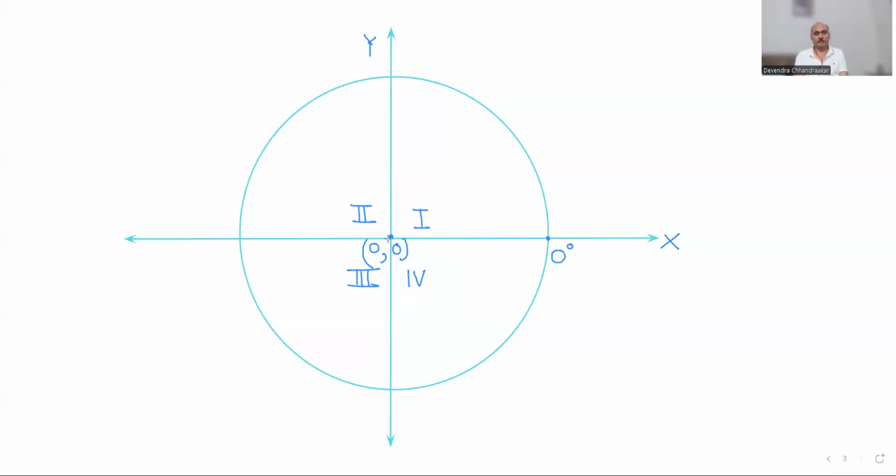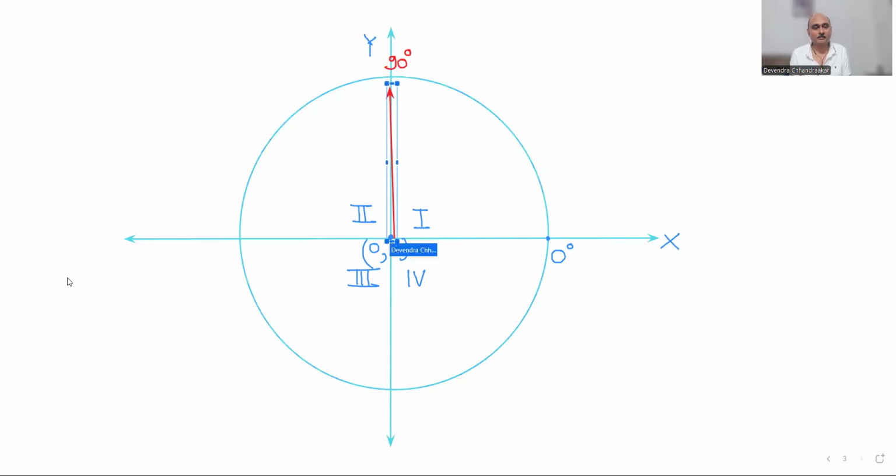Now all of you just check this vector, this red arrow. It starts from 0 and goes till 90 degrees. This is the first quadrant, so we write 90 degrees here. The angles where the first quadrant starts and ends are 0 and 90 degrees.